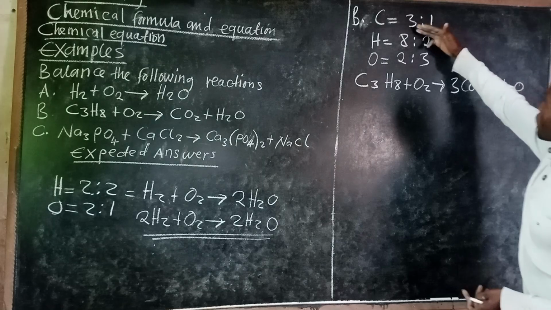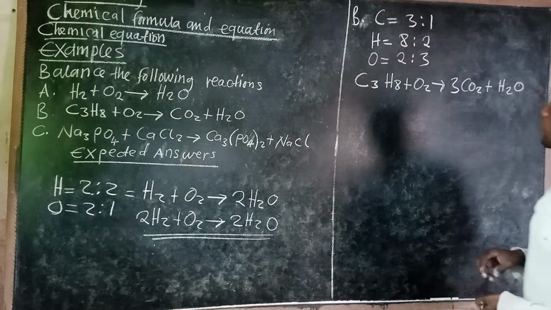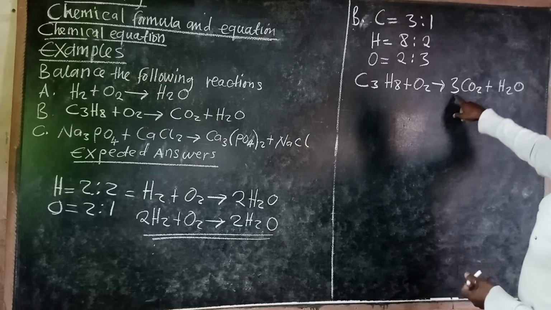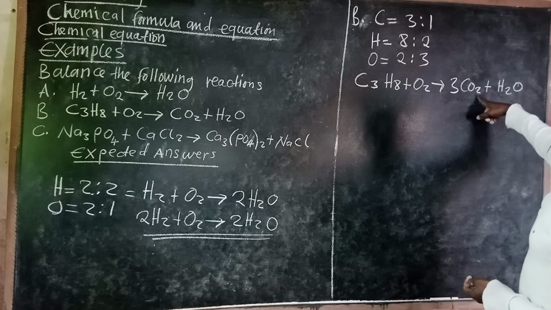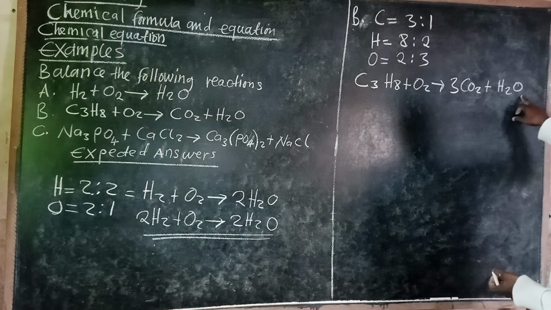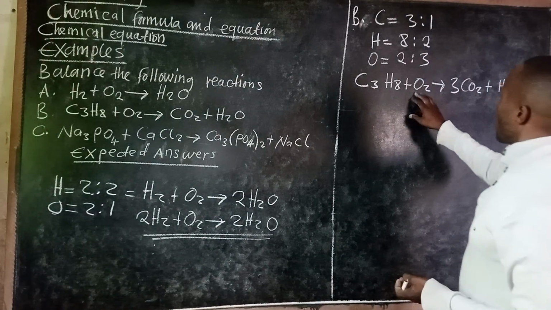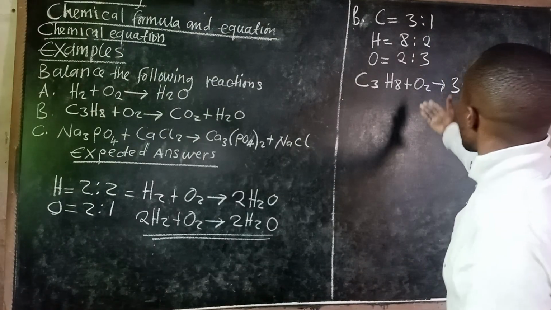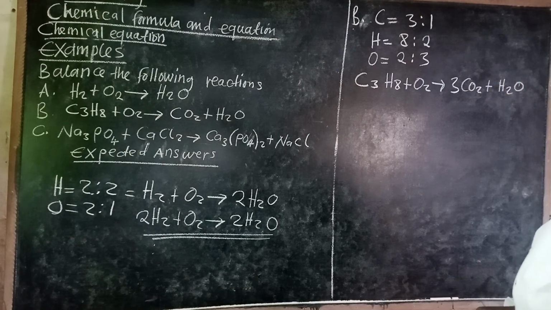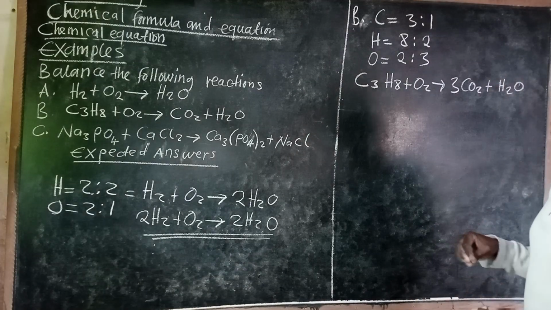Okay, so now let us see. The carbon has been balanced. Now let's look at oxygen. Oxygen has increased because of the 3. Oxygen has become 6, then 6 plus 1, 7. Then on this side oxygen is just 2. So oxygen has been affected, and we have to do something.